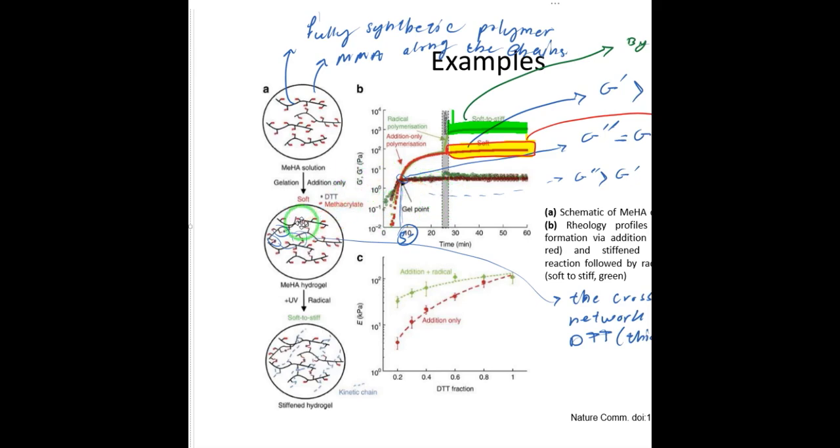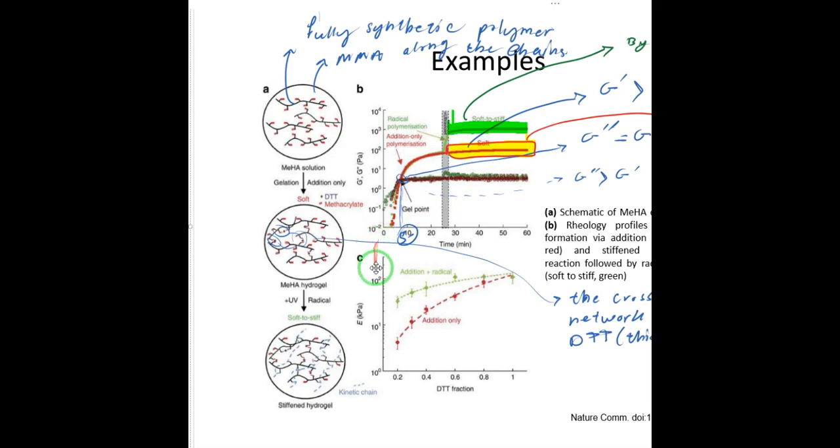However, you see here that we also have the possibility to perform the free radical polymerization to cross-link even more of these polymeric chains with each other, to increase G prime even more compared to this red line.